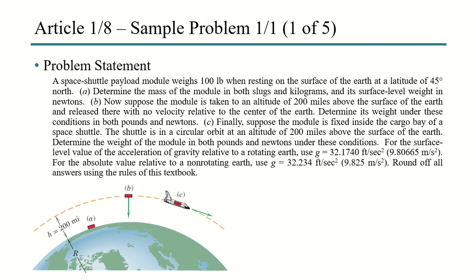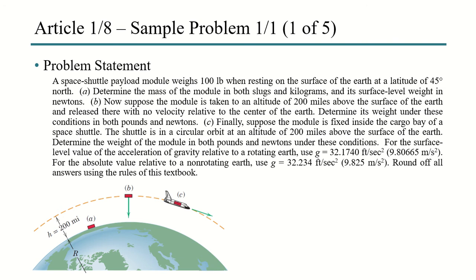And C. Finally, suppose the module is fixed inside the cargo bay of a space shuttle. So the shuttle is in a circular orbit at an altitude of 200 miles above the surface of the Earth. Determine the weight of the module in both pounds and newtons under these conditions. For the surface level value of the acceleration of gravity relative to a rotating Earth, use g equal to 32.1740 feet per second squared.